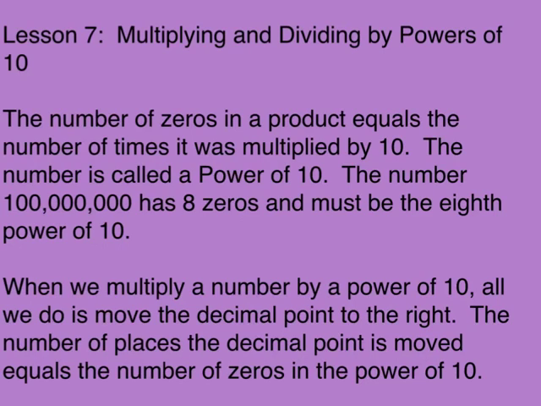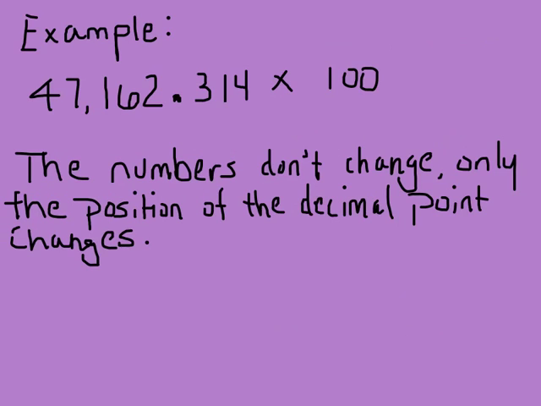So remember, when you move the decimal to the right, you're making it a larger number, so you've multiplied, and you move it according to how many zeros there are. So if you're multiplying by 1,000, you would move the decimal 3 places to the right because there are 3 zeros in 1,000.